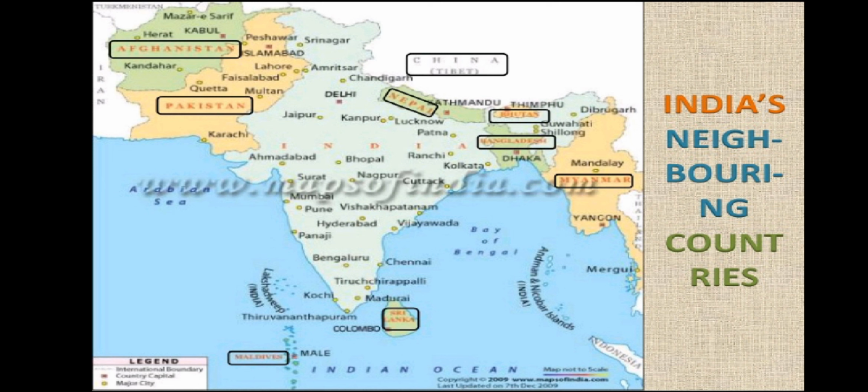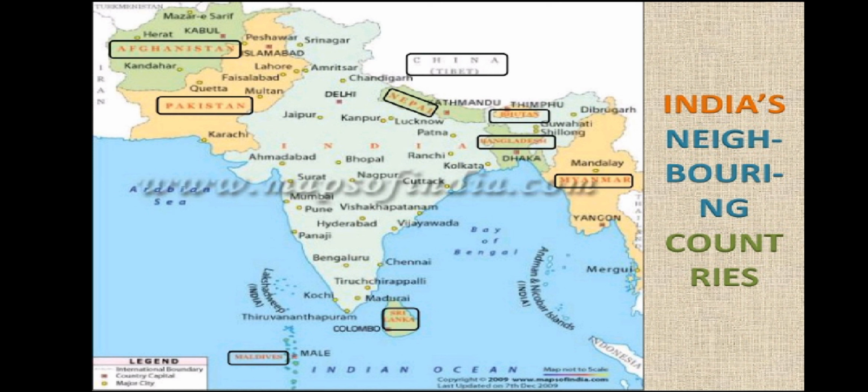Sri Lanka is in southern coastal plains and it is divided by Pak Strait. And Maldives, it is situated to the south of Lakshadweep Islands. We have Bay of Bengal on the east, and on the western side we are having Arabian Sea.